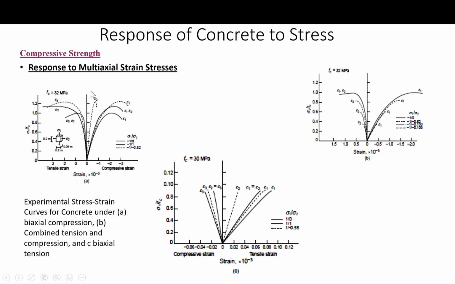So for equal compressive stresses in two principal directions, the strength increases by approximately 16%, as you can see here for this 1-to-1 ratio, less than when we have 50%.